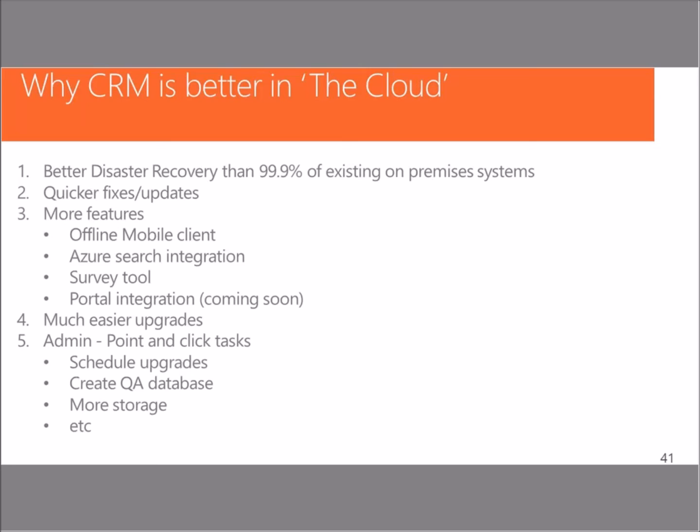Number 3, we're now seeing more features that are only available in CRM Online, and that trend will keep going. A year from now, we'll probably have twice as many things that are only available in CRM Online. These are often things that use Azure or other parts of Microsoft's cloud. The top one is the offline mobile clients.